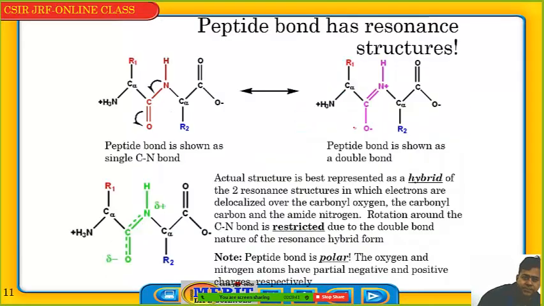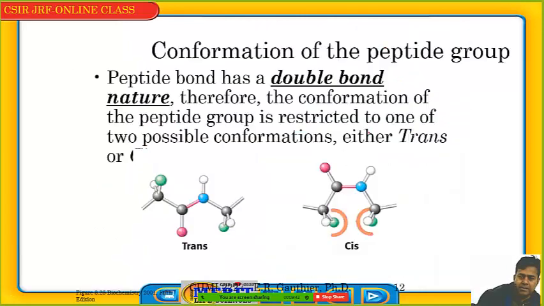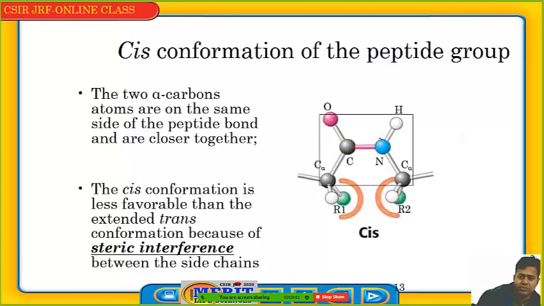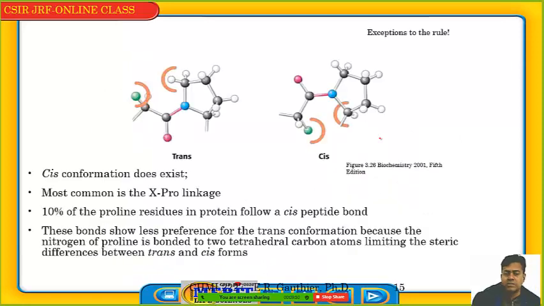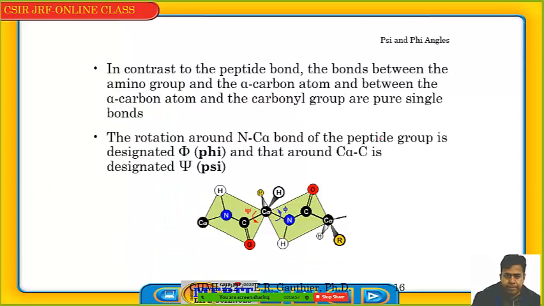So the rotation was plotted, and it was found that there are some allowed structures, and these angles were designated as phi and psi. So which one is the phi? First tell me.